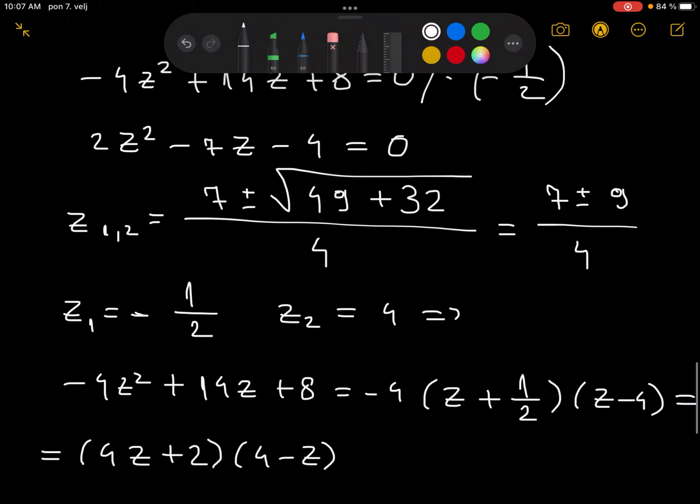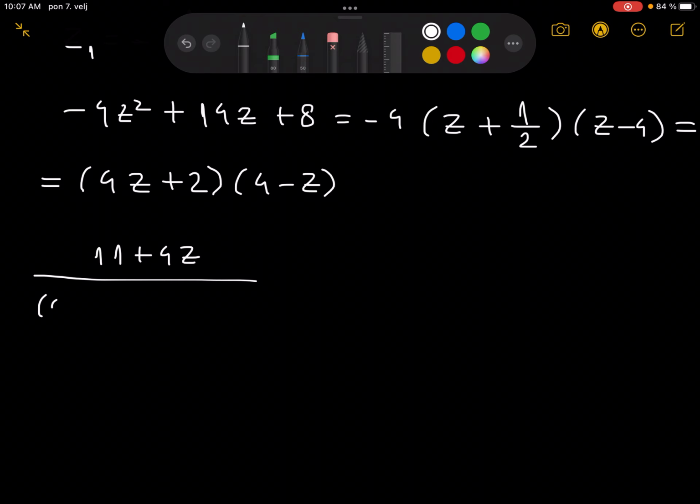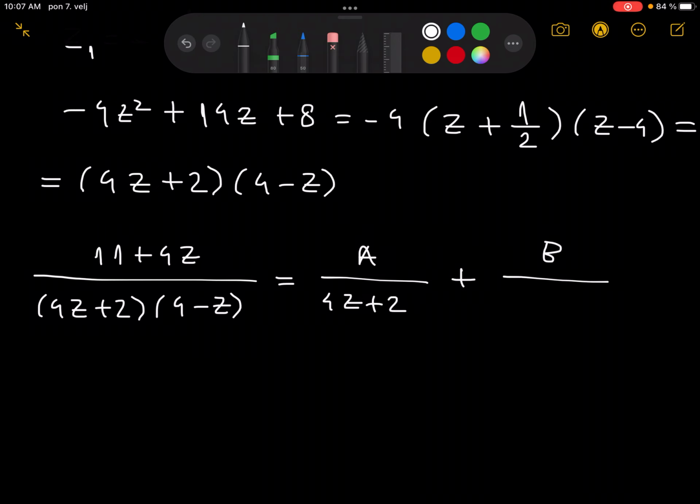So 11 plus 4z over 4z plus 2 times 4 minus z is equal to a over 4z plus 2 plus b over 4 minus z.